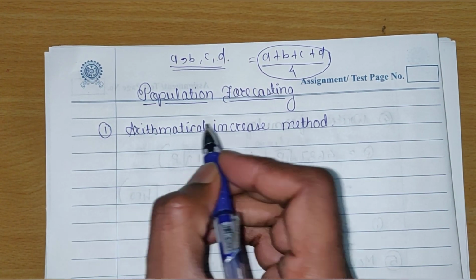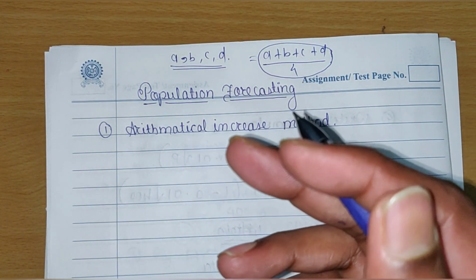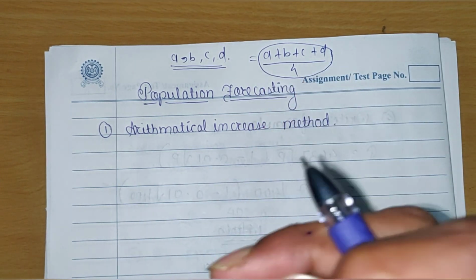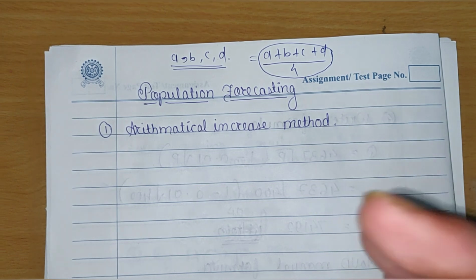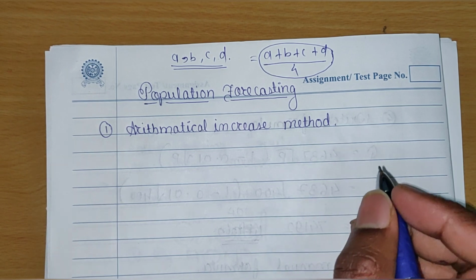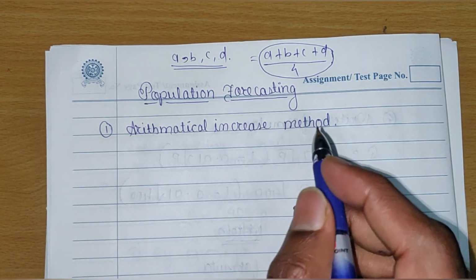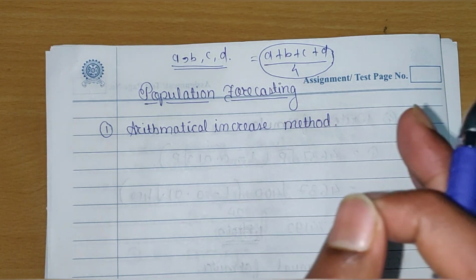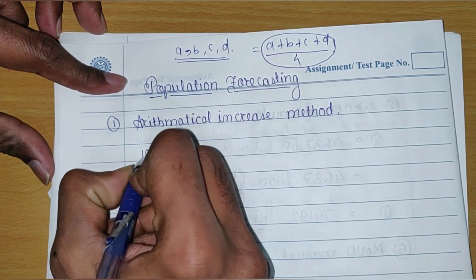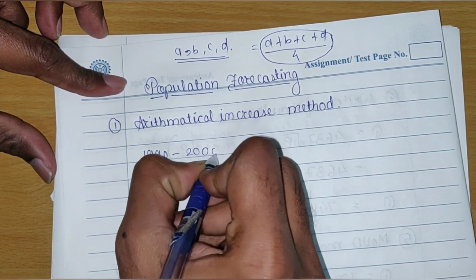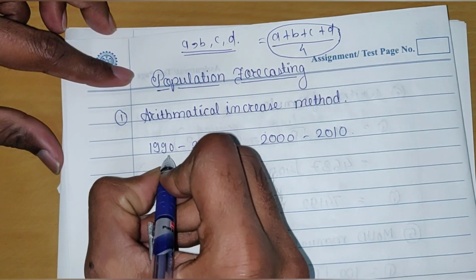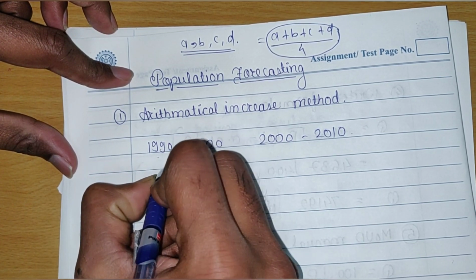Here, in the arithmetical increase, the increase in population after every decade is added to the future decade. It is based on the assumption that the average rate of increase in population from decade to decade is constant. Suppose from 1990 to 2000, and 2000 to 2010, the increase in population is 3000.